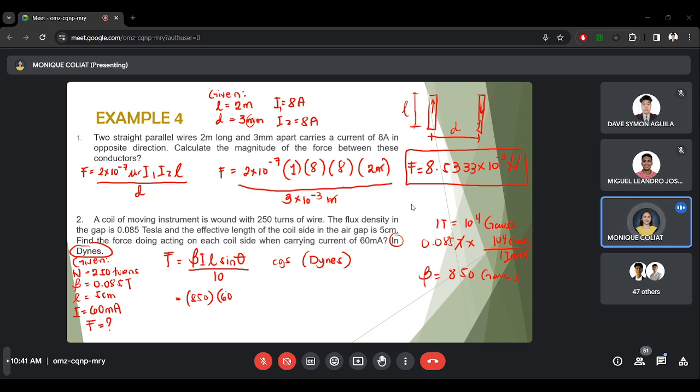Current is 60 milli, you have to convert it into exponential form, so that will be times 10 raised to negative 3 ampere. Then your length is 5 centimeters and sine. If there's no given angle, just use 90 degrees. Automatic 90 degrees. Take note. Over 10. So what will be your force?